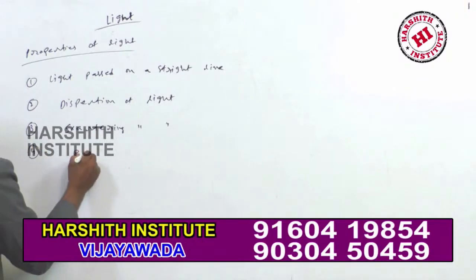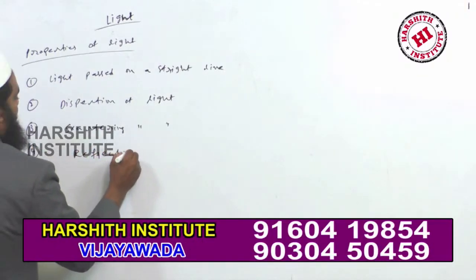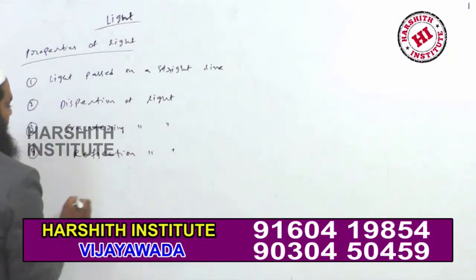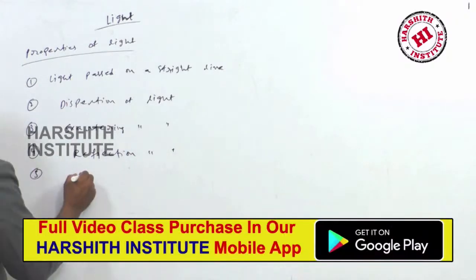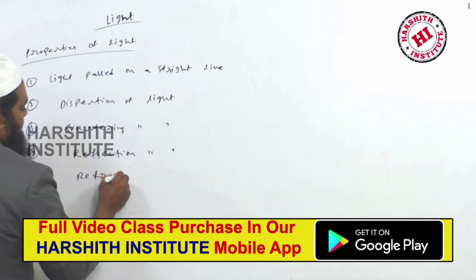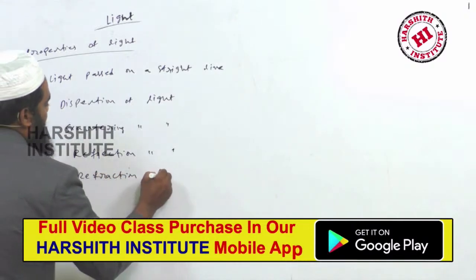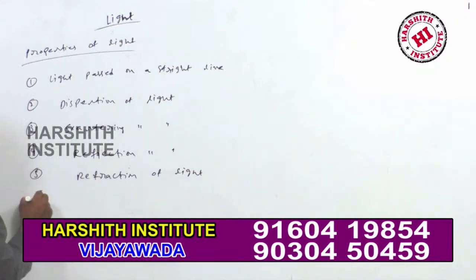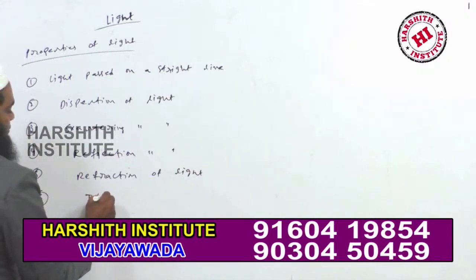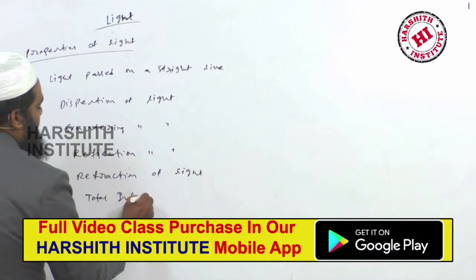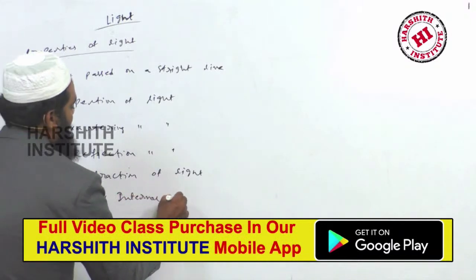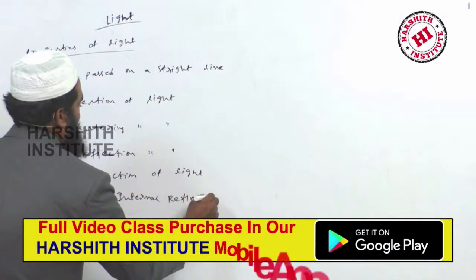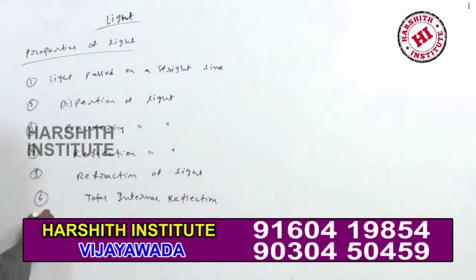The fourth one is the reflection of light. The fifth one is refraction of light. The sixth one is total internal reflection. This is very important.